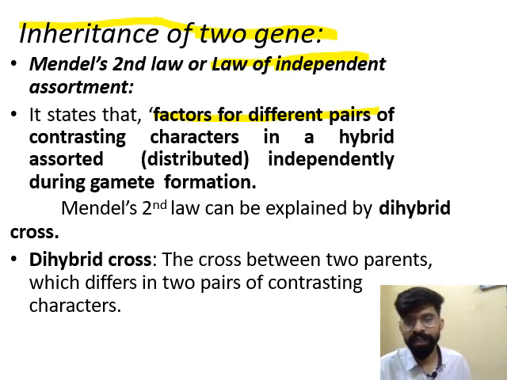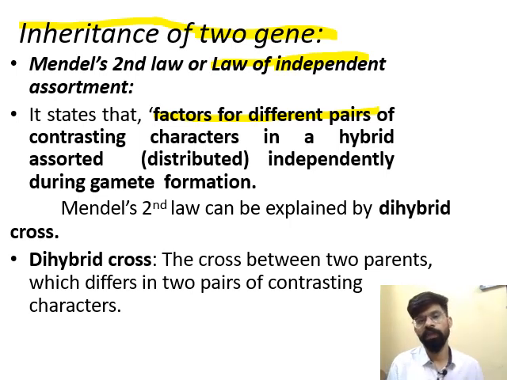Again, the law states that when two contrasting characters are taken in an individual, these characters will separate or assort independently during gamete formation, and they are independently rearranged.